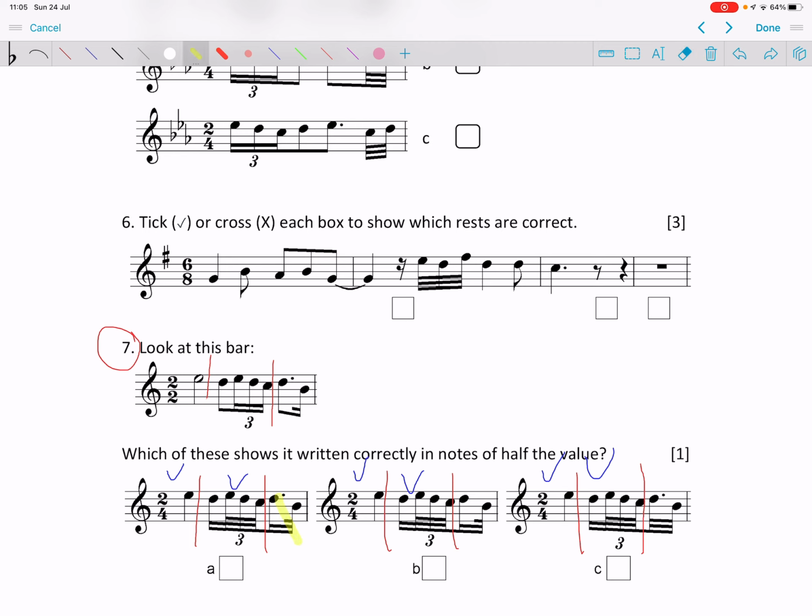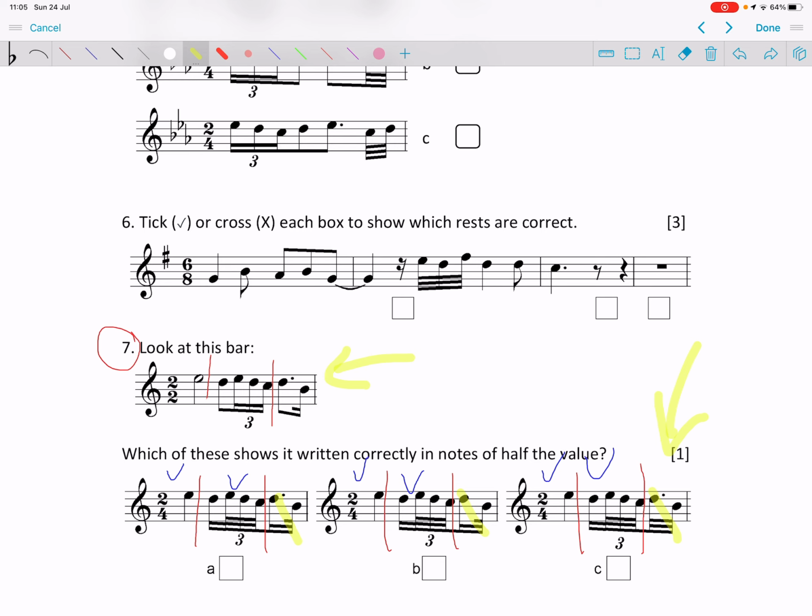So here, here and here, let's highlight them. Now I can automatically reject a couple of them. So this one at the end here, if we have a look closely, we've got 3 lines all the way across. Is that correct there? Do the lines go all the way across? No, they don't.